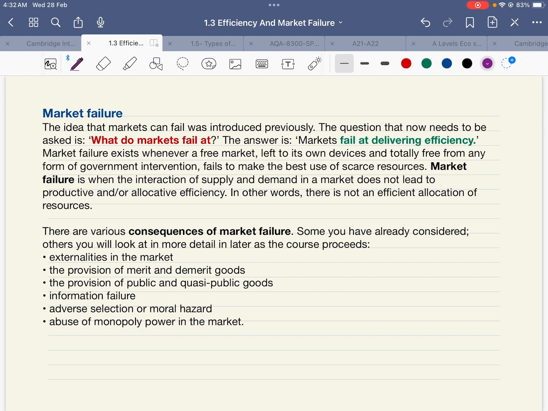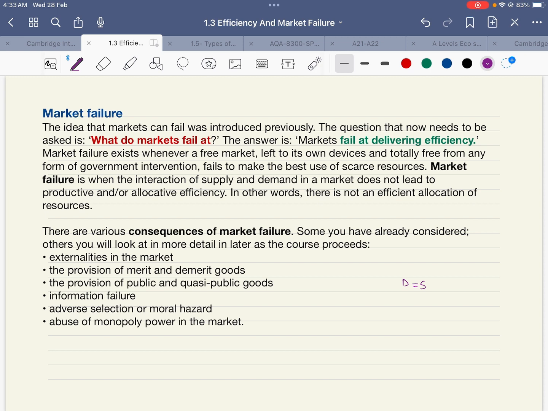Certain resources would be misallocated, certain resources would be overutilized, and when non-renewable resources are used in such a way that they are overutilized, they will be deteriorated. That will lead to bigger market inefficiency and eventually market failure. When markets fail to allocate resources in such a way that demand is equal to supply, it means there can be consequences of market failure.